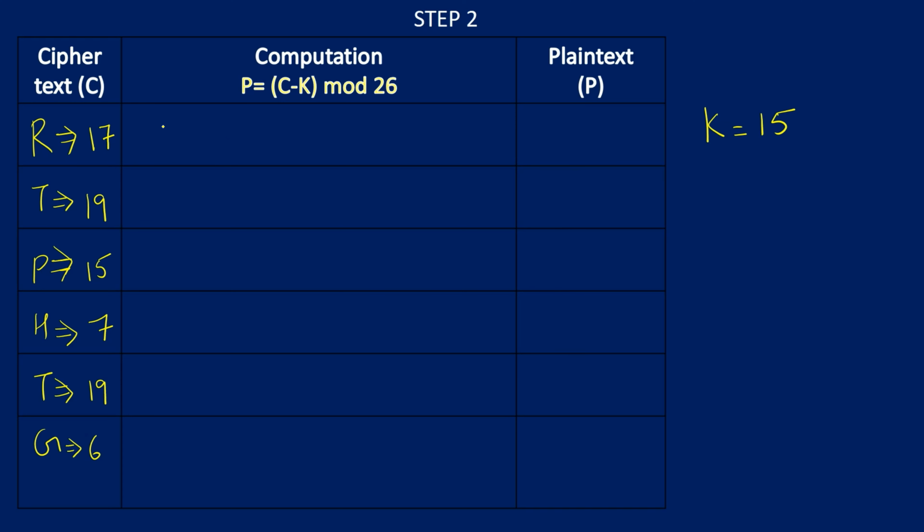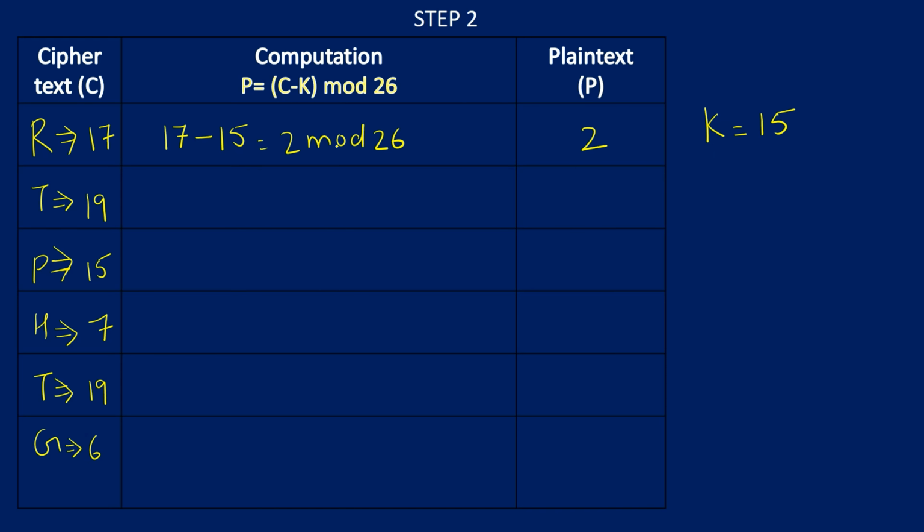So let us start with the first number now. 17 minus 15 comes out to be 2 mod 26. Since 2 is a number less than 26, your final plaintext number is 2. To perform modular arithmetic, you have to perform it only for two cases. One, if your result exceeds 26. Second, if you get a negative number.